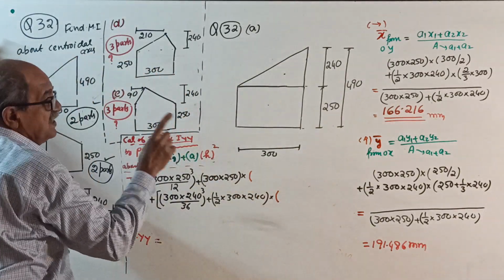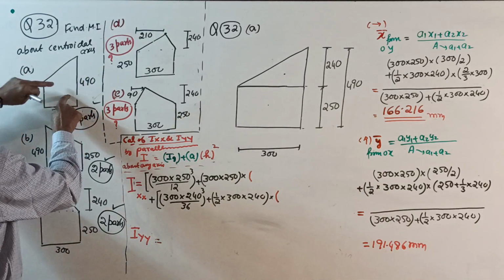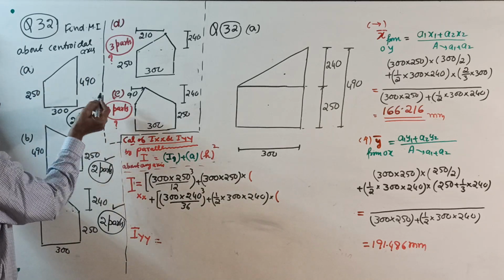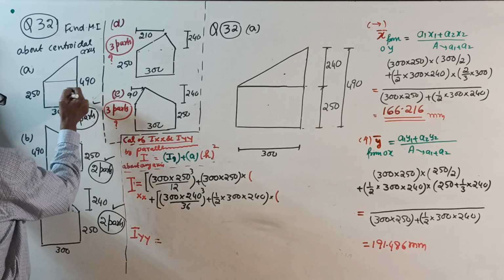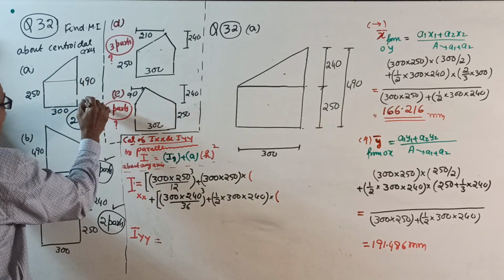There are 5 questions. Divide into 2 parts, which is the reason I told you yesterday. You get one rectangle and one right angle triangle, therefore 2 parts are easy.